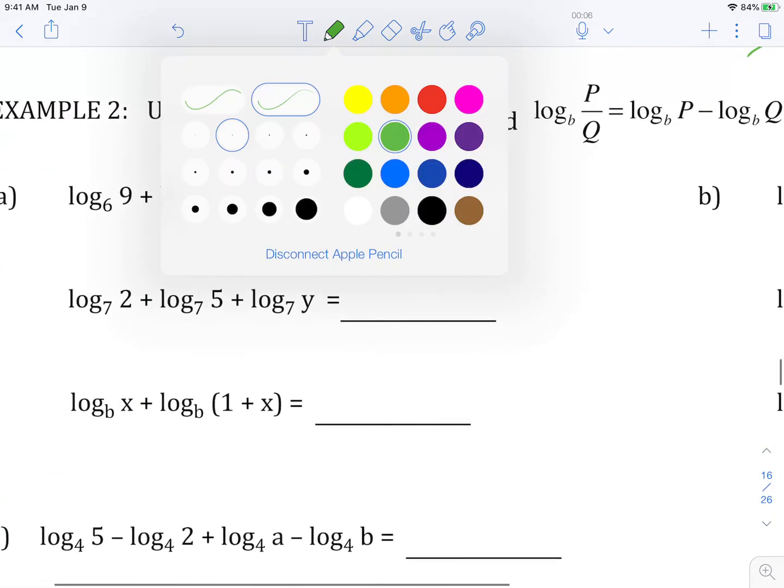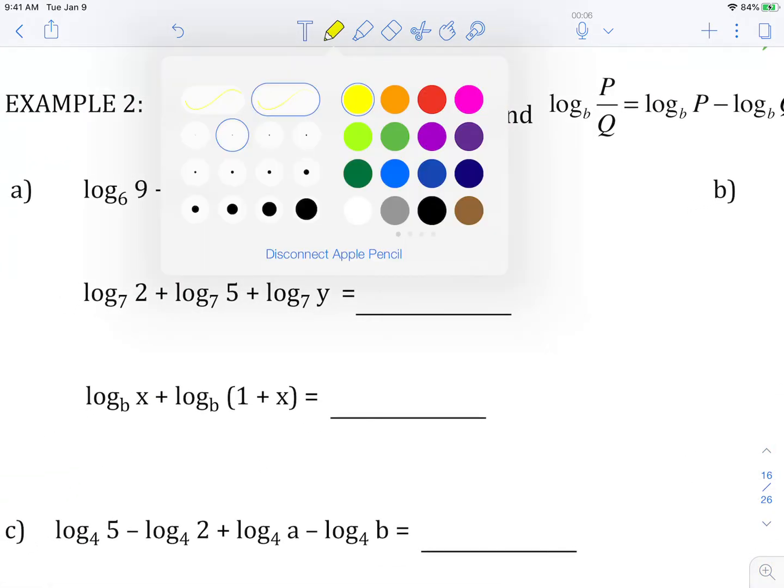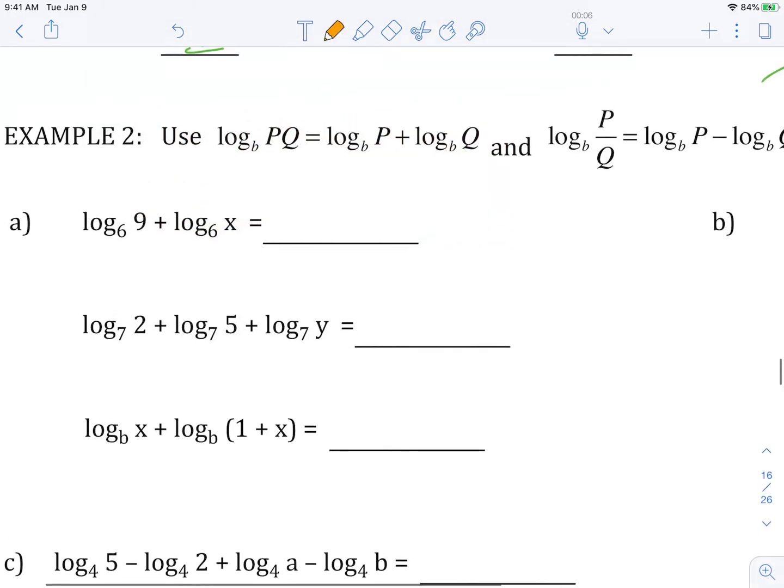All right, so now moving on to another property. We usually call this expanding. So if you have log base b of p times q, it's log base b of p plus log base b of q. When we make the review for the final, there's going to be a really tough question on there that's condensing, or basically taking this and going backwards. Right?